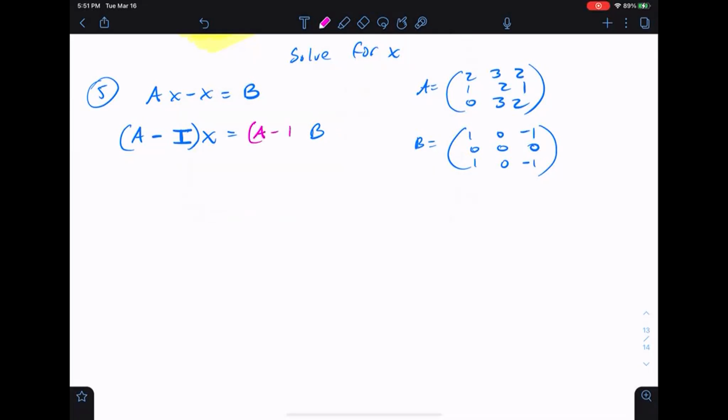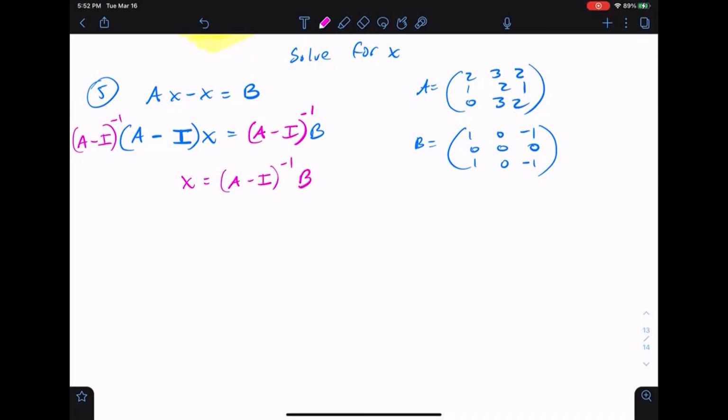So this is A minus I times X equals B, and I need to solve for X. I need to multiply by A minus I inverse on the left. So these cancel, and I get X equals A minus I inverse times B.